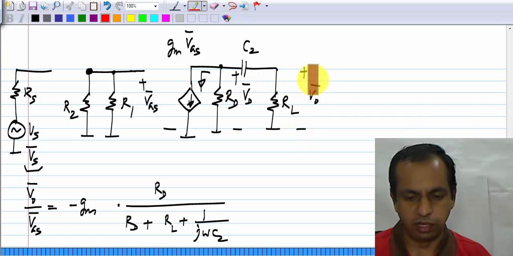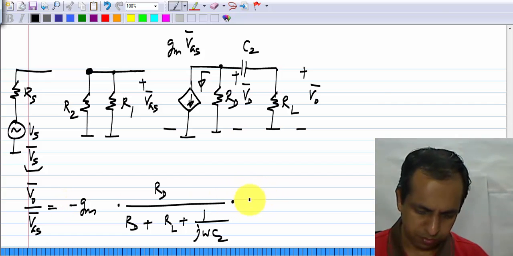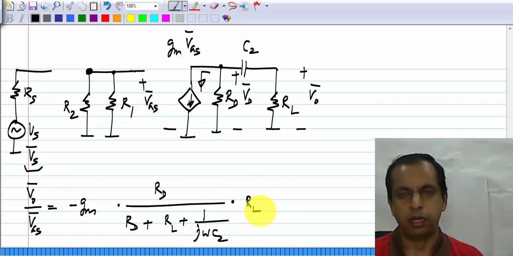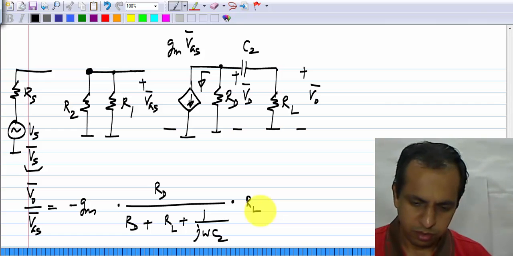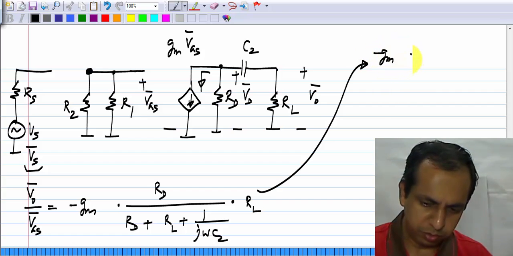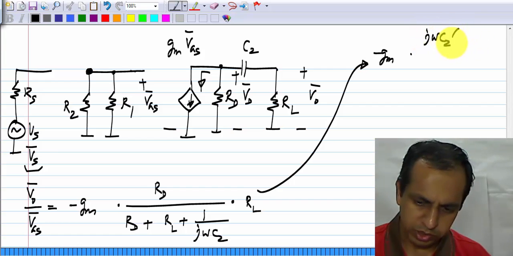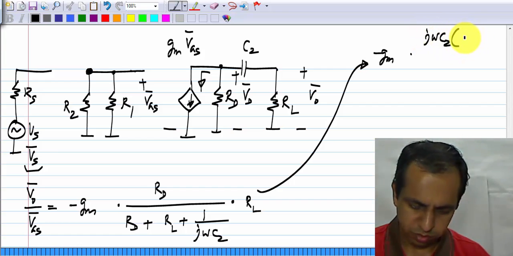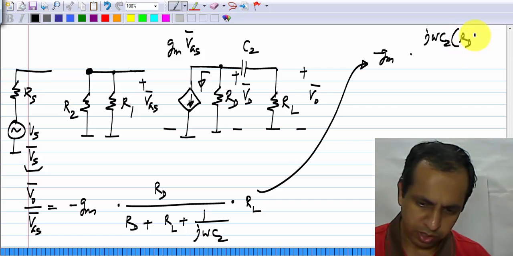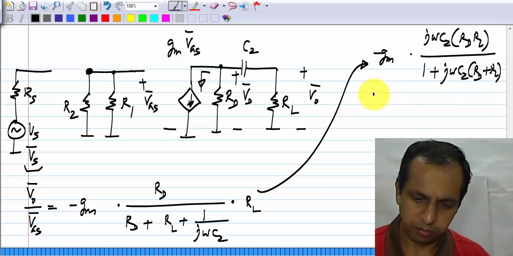So, the actual voltage across RL, V naught, is negative of this times RL, which can be written as minus GM VGS times J omega C2 times RD times RL divided by 1 plus J omega C2 times RD plus RL.